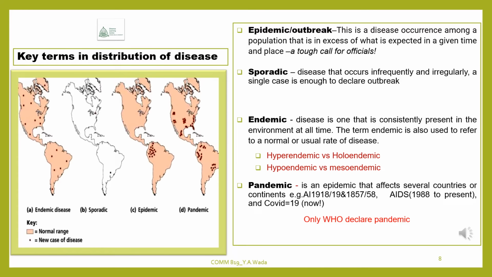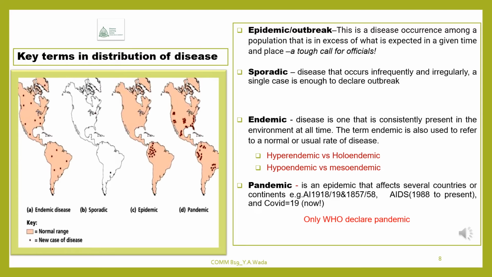However, epidemics occur when the disease spread rapidly maybe to many places. And usually it's a tough call for public health officials to declare an outbreak or epidemic at the local government level, the state level, or at the national level.